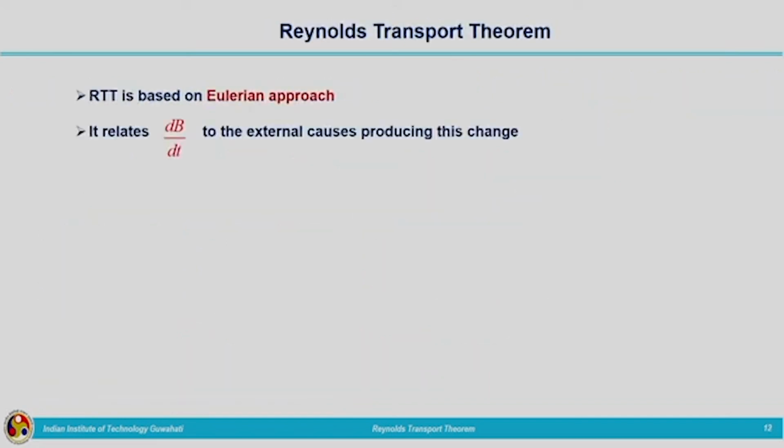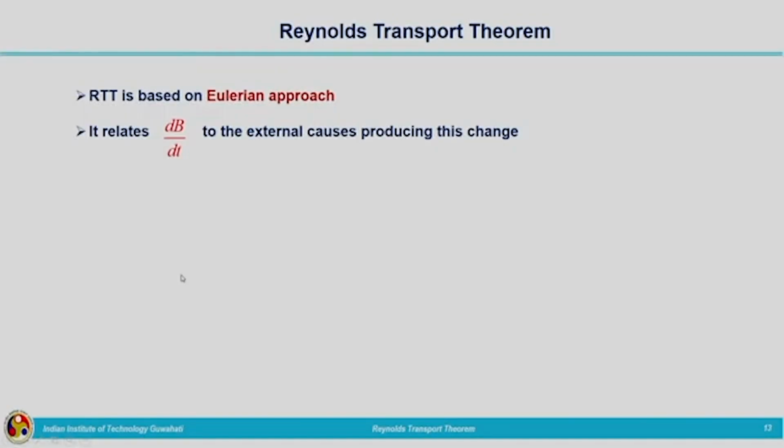Now, we need to look at this equation for understanding the relationship. Initially itself I told you what Reynolds transport theorem is doing. Fundamental laws are derived based on the Lagrangian approach. So, we are tracing a single, individual particle for understanding the flow characteristics. But for the majority of engineering problems, it will not be feasible.